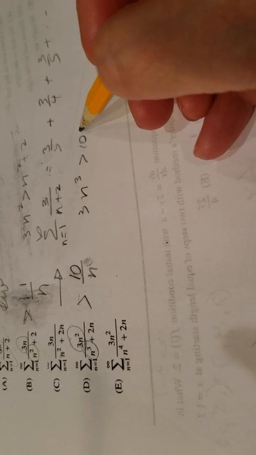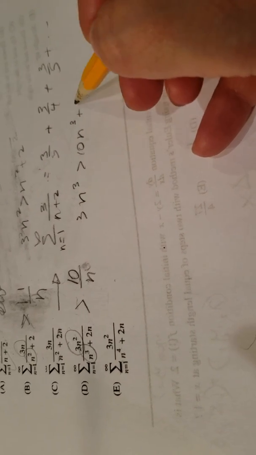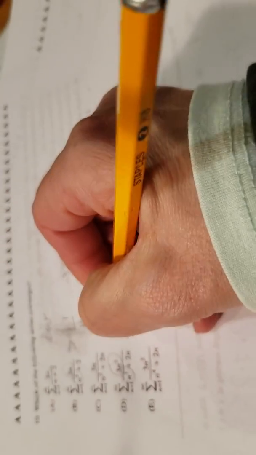What the hell did I do? n cubed plus 20n. No, that won't work. How about if we do 1 over 10n?